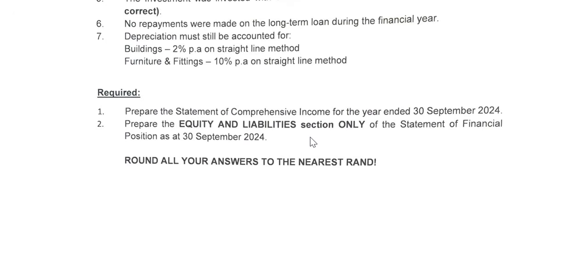Now for your exam, you need to know how to complete a statement of comprehensive income and a balance sheet or statement of financial position. The whole document, both of them, the whole document, not just parts of a statement of financial position.